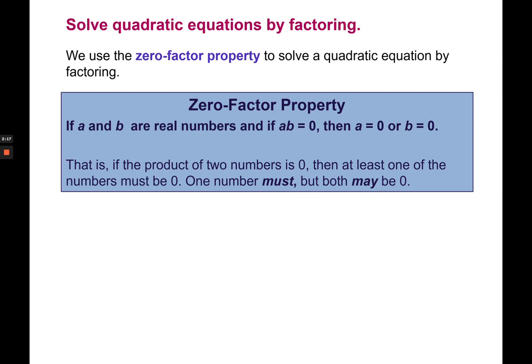That is, if the product of the two numbers is 0, then at least one of the numbers must be 0. To further explain, it might be that at least one should be 0, or possibly both are equal to 0.